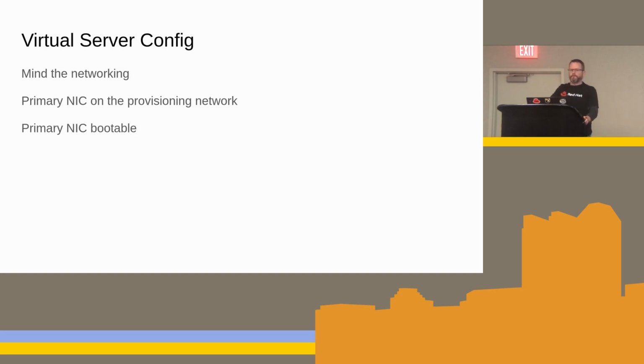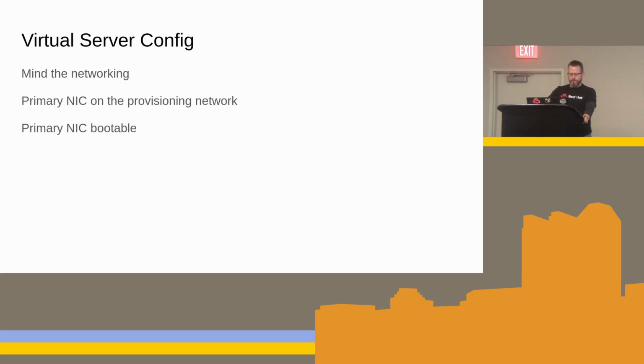So, the virtual server config. Like I said, we're using VMs here. Obviously, you have to have enough memory for whatever workload you're doing. But aside from that, keep your NICs straight, making sure that the NIC you're going to use for provisioning is on that provisioning network that has no DHCP on it.